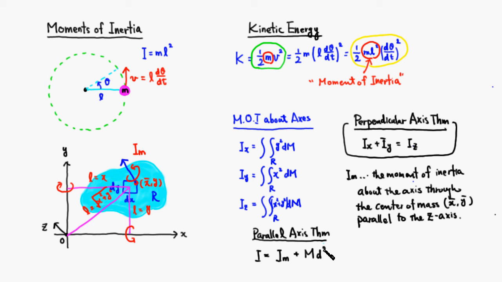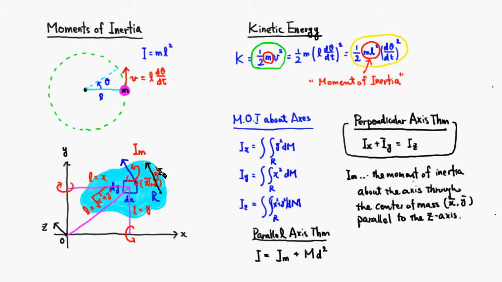So if you have a region right there and the center of mass axis happens to be here, and a random axis is here, we want to find the moment of inertia about that axis, which is parallel to the z-axis.